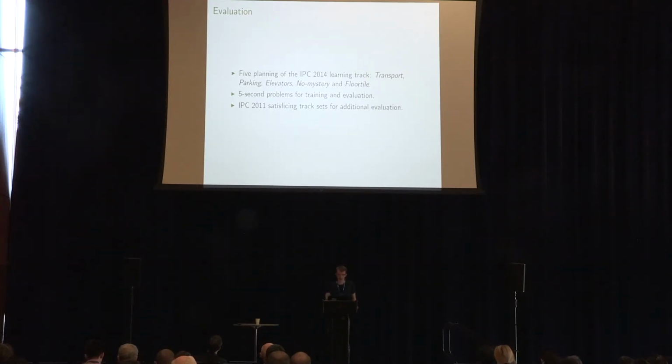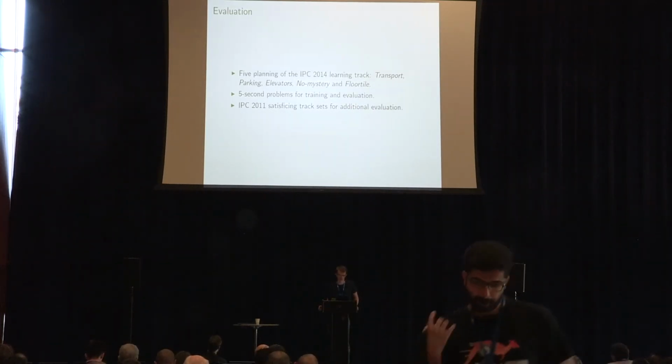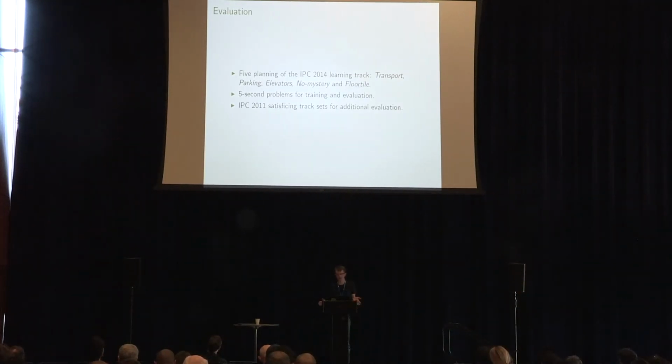We are using so-called 5-second problem distributions. We are looking for generator parameters such that more or less half of the problems can be solved by a baseline of a best first search with fast forward heuristic. So this is to make the problems not too easy, not too hard, challenging for the system that we have at hand.